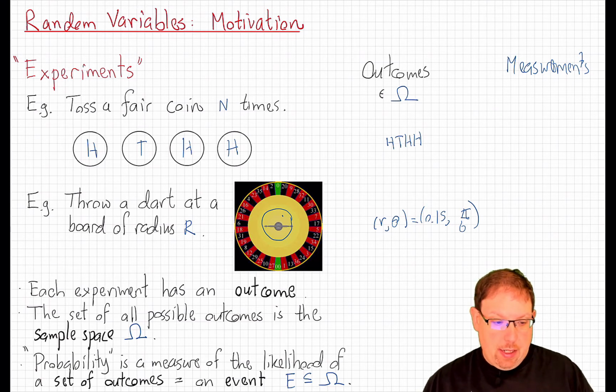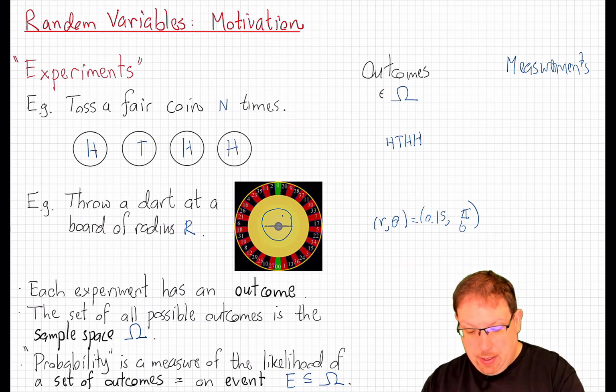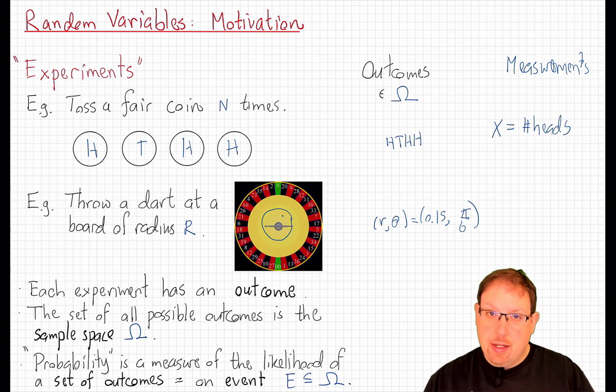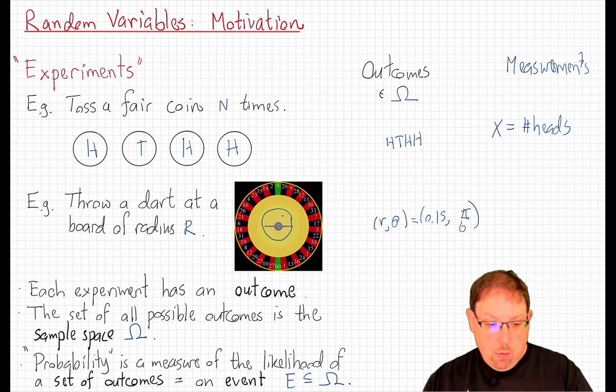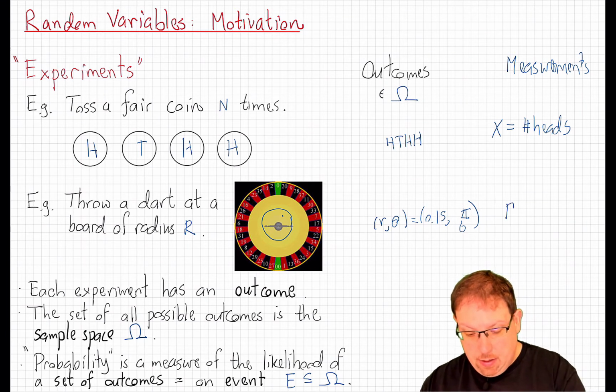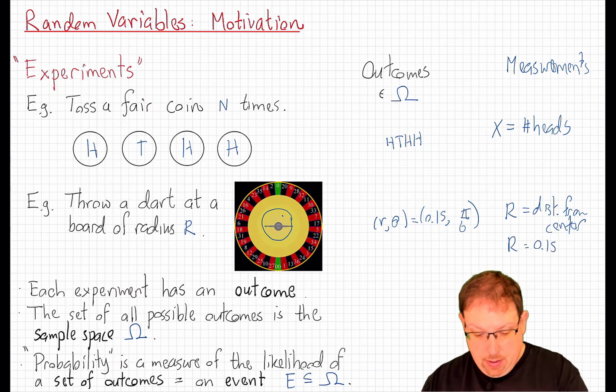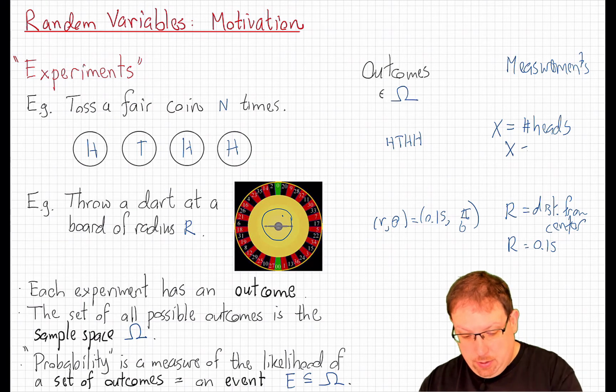In the coin tossing example, we might be measuring x equals the number of heads. In this outcome, it's 3. In the second example, we're probably most interested in r equals the distance from the center. So here, r was equal to 0.15, and here, x was equal to 3.